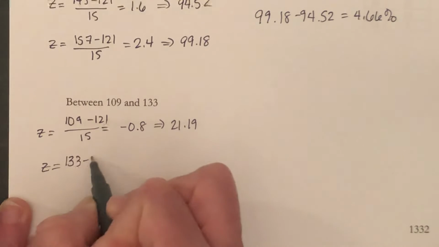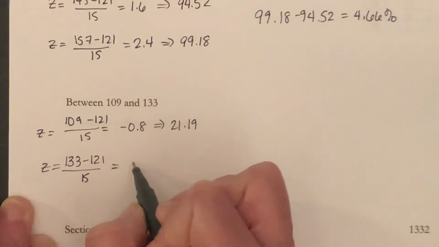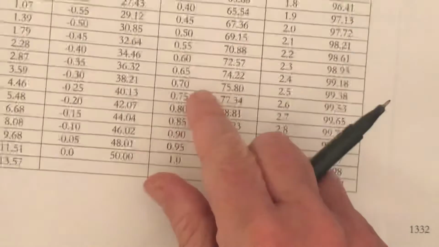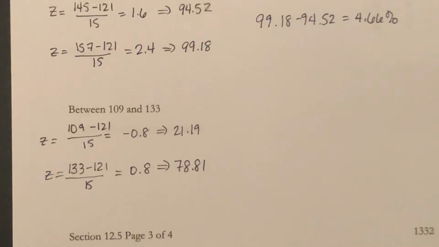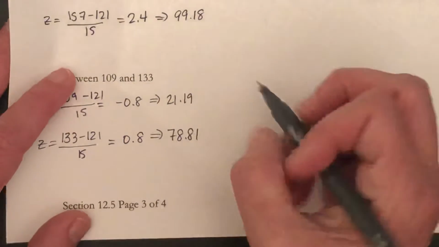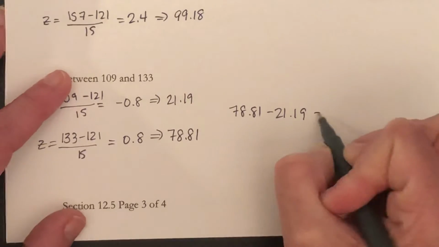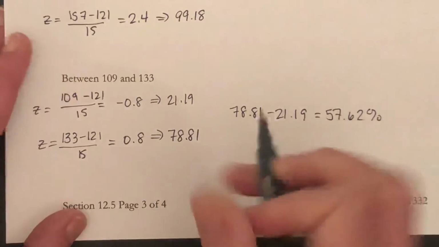Now 133 minus 121 divided by 15 is 0.8, which corresponds with 78.81. Okay, sorry about that. We did 133 right up here, we could have just pulled that information. Okay, now we just subtract these to get 57.62% as your answer.